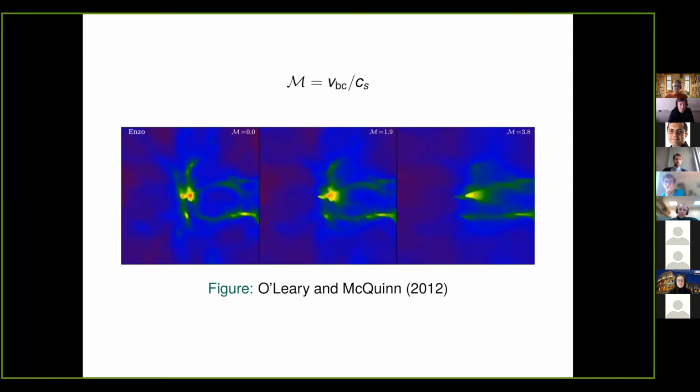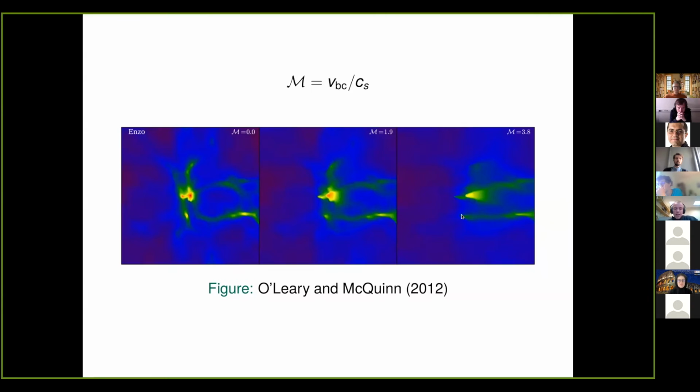Okay, so we're by no means the first people to look at this in terms of actually doing hydrodynamic or cosmological simulations. This is a figure from O'Leary and McQuinn in 2012. Each of these panels is showing a different value of the relative velocity. So in the left-hand panel, there's no relative velocity. In the middle panel, there's relative velocity roughly twice the sound speed. In the right-hand panel, it's roughly 4 times the sound speed. And they add in the relative velocity as a wind going in the x direction from left to right, which is typically done.